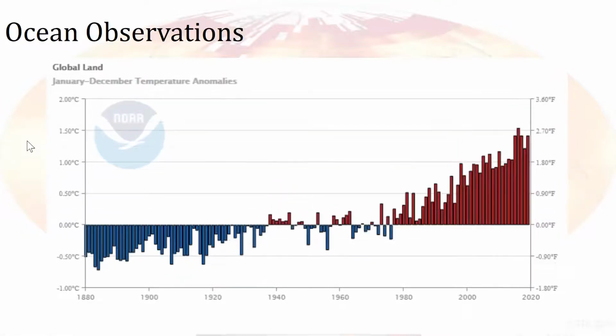The land one I showed you before, and I don't think I highlighted enough the change in magnitude. So if we're just looking at land surfaces, those temperature anomalies are much greater in magnitude. We're up to 1.5 degrees C, or 2.7 degrees Fahrenheit globally, right?